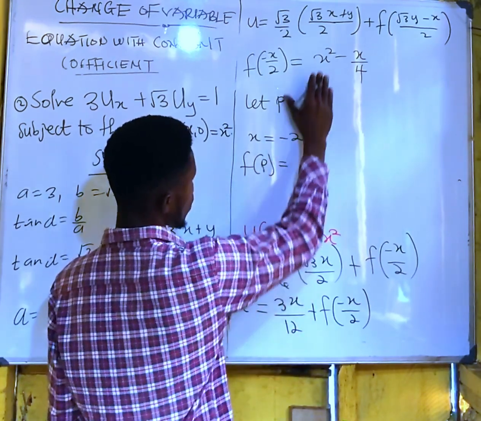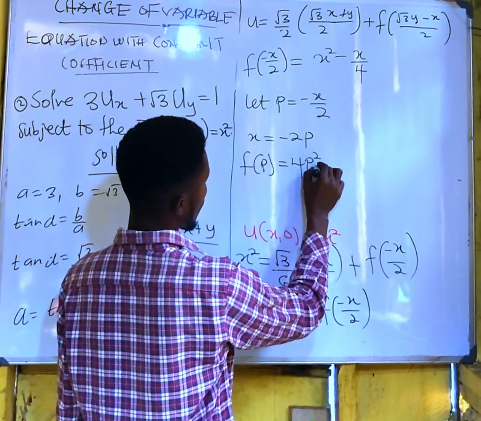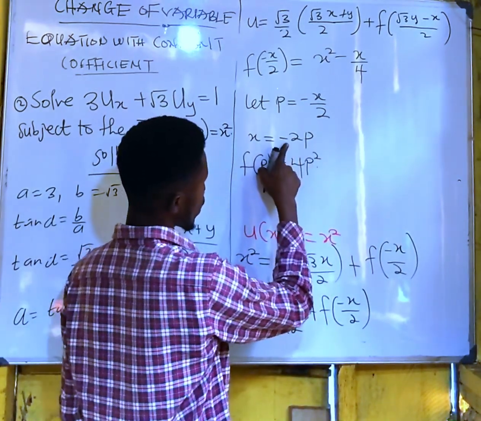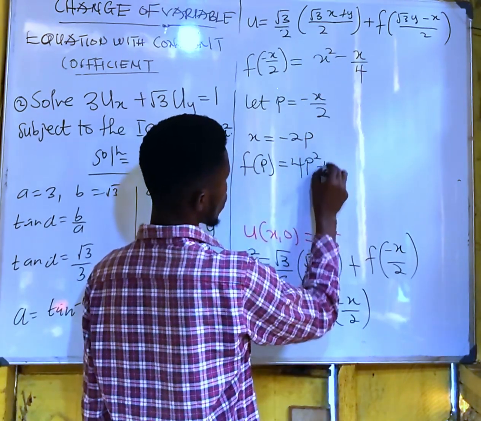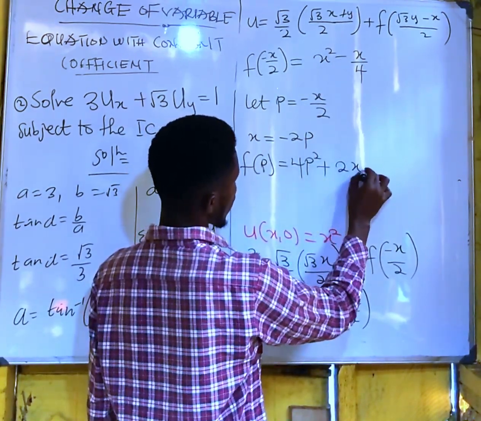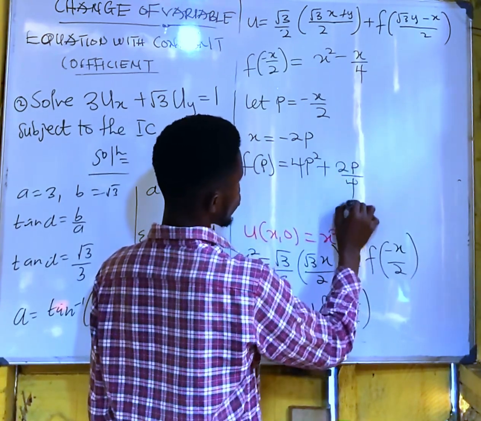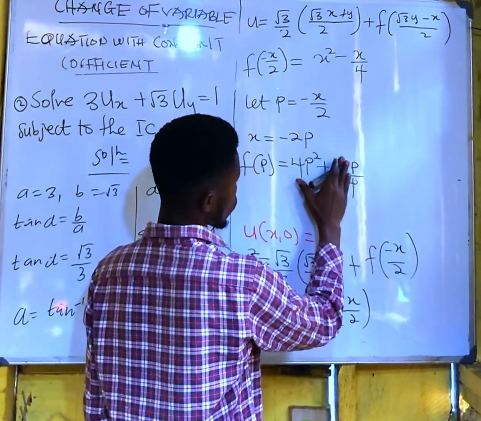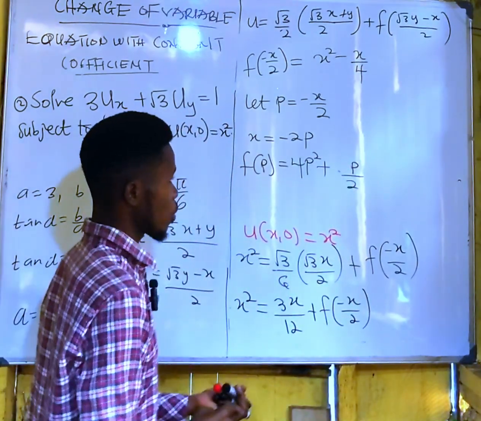So negative 2p squared will be 4p squared. Now, already there's a negative here, so if the negative comes to this place, again I have positive 2p over 4. So the 2 goes into 4 two times, so that will be p over 2. Is that okay? So this is what we are going to get.